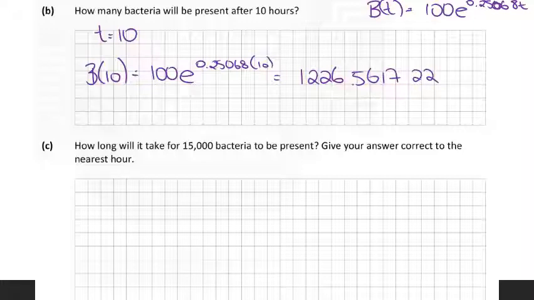You can round this. Now, usually you would round up because it's 5 or more. But the way I would look at this is there are exactly 1,226 because you can't have part of a bacteria. It said how many whole bacteria are there, and to be honest, it's 1,226.